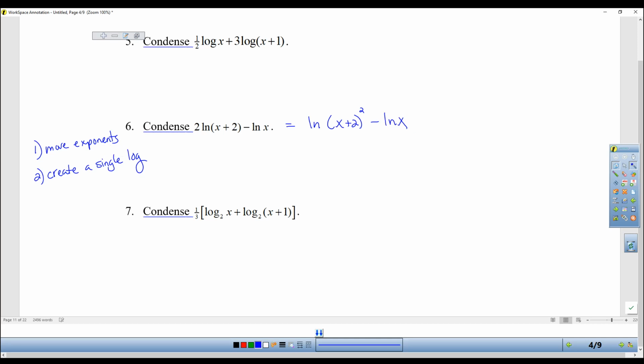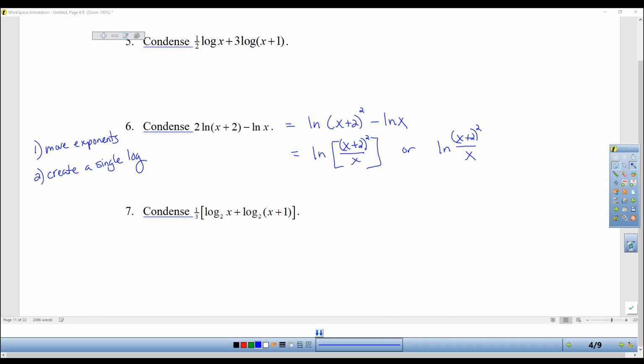I took care of my exponents. And then my second step is to create a single logarithm. So natural log of these two things. But since it's subtraction, I'm going to put that on top over x. Or if you can write neatly, you don't really need those brackets there.